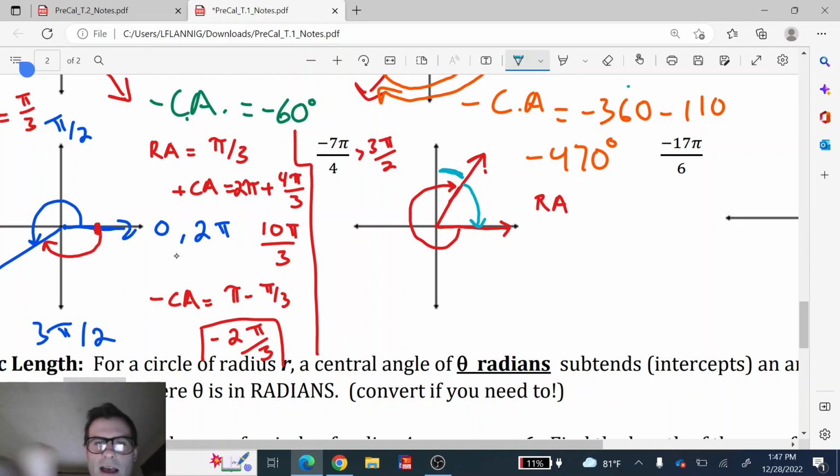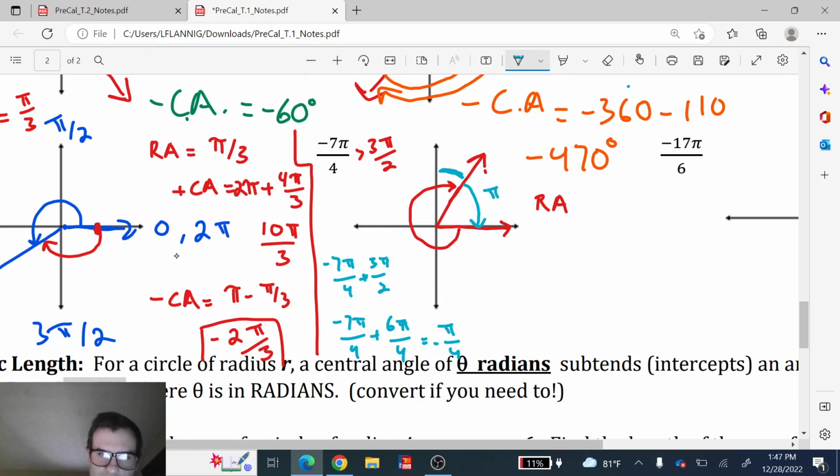Because if you do negative 7 pi over 4 minus 3 pi over 2, that can change to negative 7 pi over 4 and 6 pi over 4. Let's make these positive actually. And then that ends up being negative pi over 4. So you know this angle right here is pi over 4.